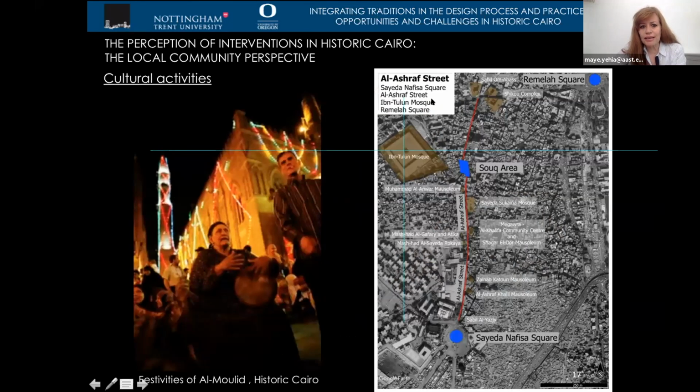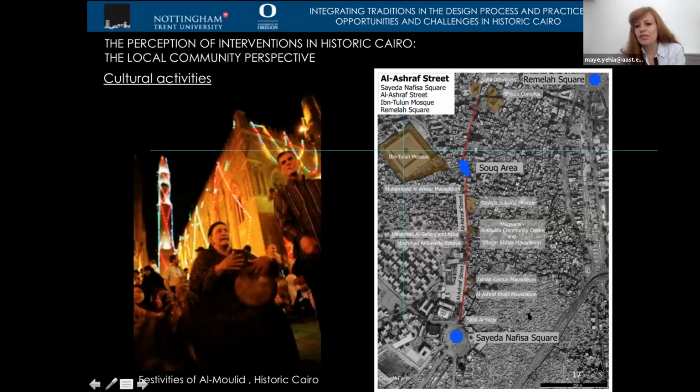About the cultural activities, we can see that the Moulid, for instance, which is a celebration of the birth of Prophet Muhammad, but also his descendants, is a very important cultural activity in the area. Here is a map of Al-Ashraf Street or Al-Shurafa Street, as it's called, meaning the street of the saints.